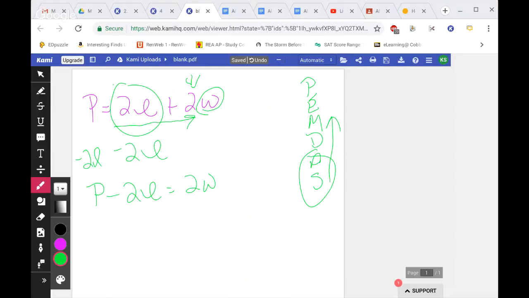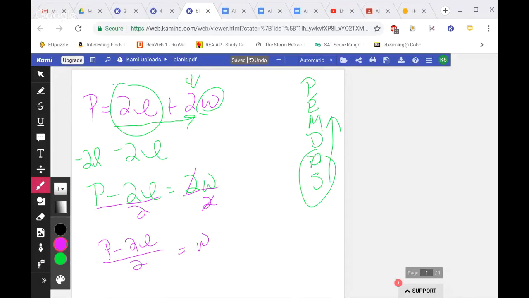So to undo multiplication, you divide. So I'm going to divide both sides by 2. And that's going to leave me with P minus 2L all over 2 equals W.